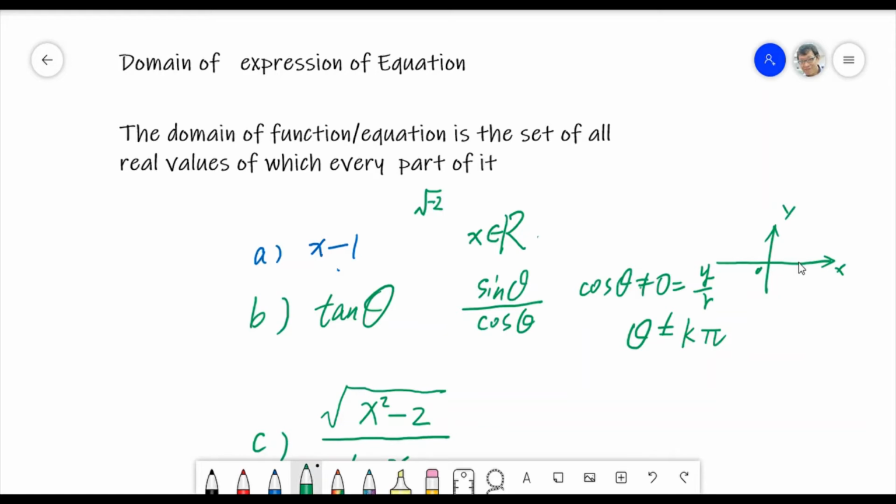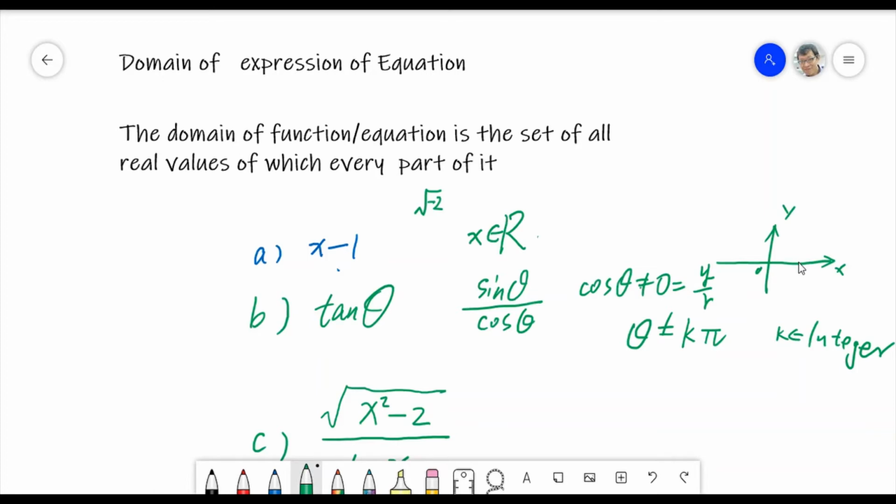And k will be any integer, including 0. K belongs to the integers. K can be 0, 1, 2, so k pi.